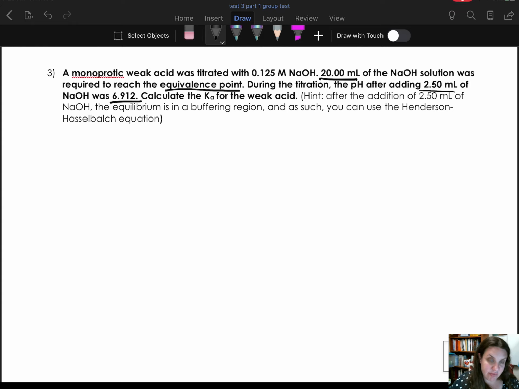So I'm going to look at each of these points and basically figure out my moles of sodium hydroxide and use that to get information about the moles of our weak acid. So at 20 milliliters, or 0.02000 liters of sodium hydroxide, we are at equivalence, which means that our moles of sodium hydroxide equal our moles of our monoprotic weak acid.